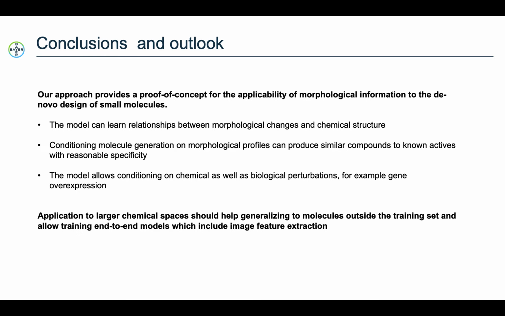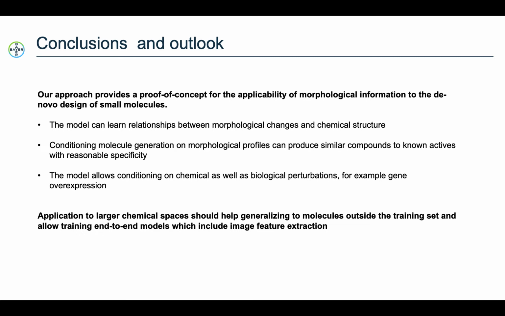And looking at the prospective work or outlook, so we think that to push this further, we will need to apply this to a larger chemical space. And we hope that using a larger chemical space will help generalizing to molecules outside the training set. So not only interpolating inside the training set, but also learning chemical patterns of activity and extrapolating.